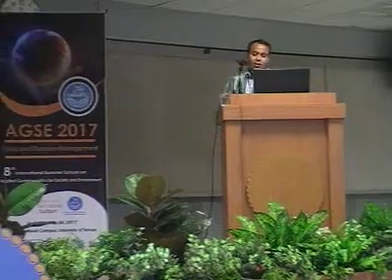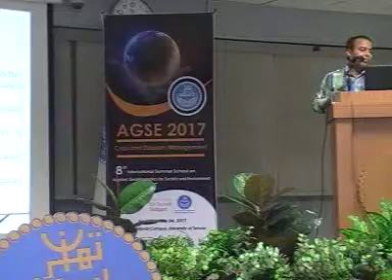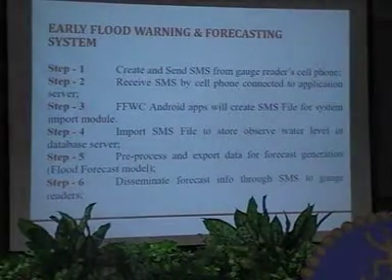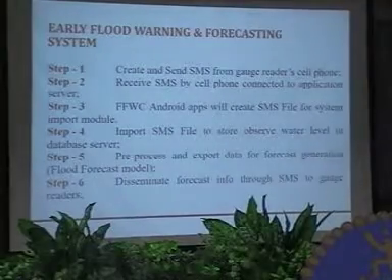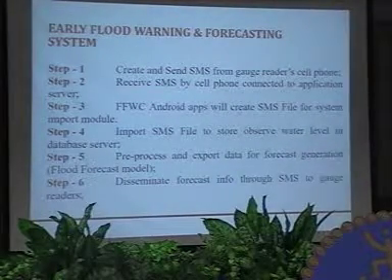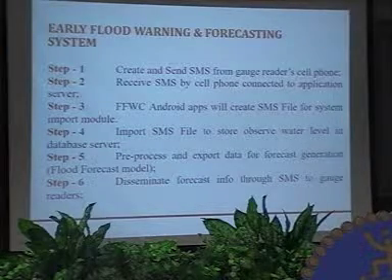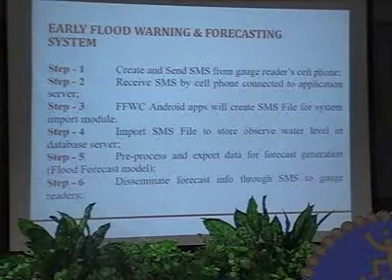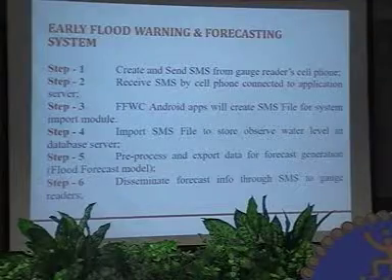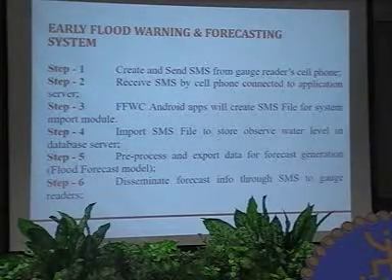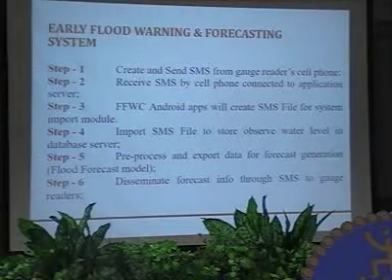So these are summarized as the steps. SMS from the gauge readers is first collected from the field level, and then it's put to the center, and then before getting into the model, like MIKE 11 or other related software, they do some pre-processing in the computers and then use it as the input for the flood modeling.